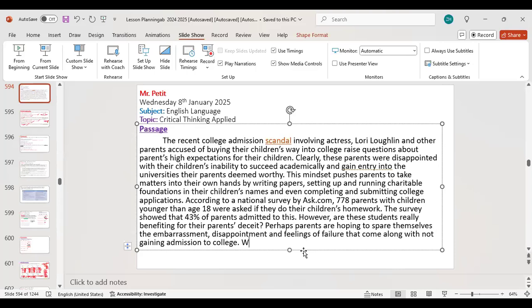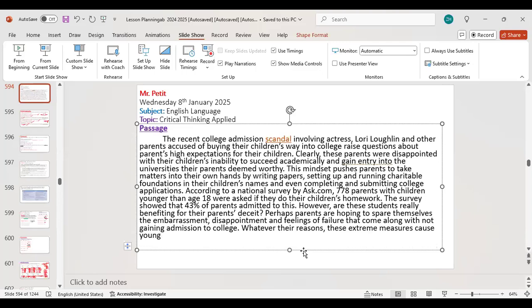But the author says whatever their reasons, these extreme measures cause young people to feel embarrassed, resentful, and doubt their self-worth.